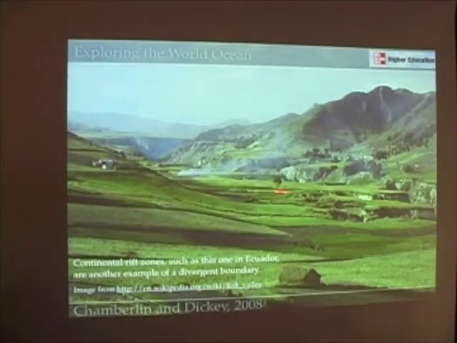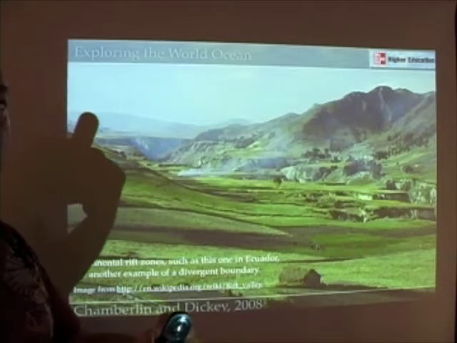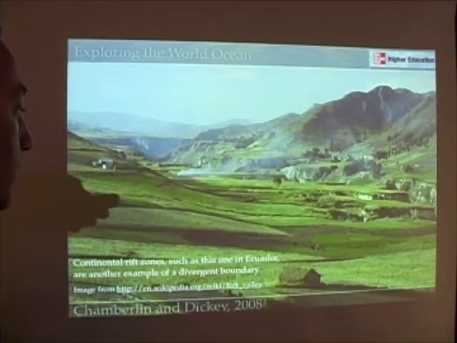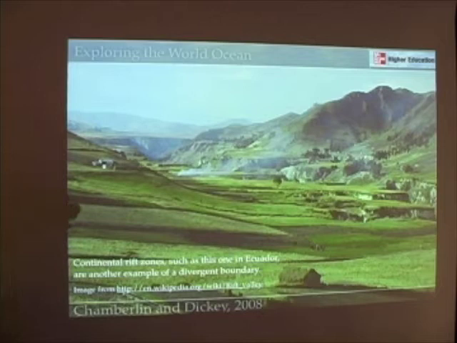We also find divergent boundaries on land. Here's one in Ecuador. It's where continents come apart in a sense. The Red Sea is another example of a divergent boundary, a continental rift zone, a continental divergent boundary. And here you can actually see the plates moving in two different directions, creating this kind of valley, what's called a rift valley, and it's happening slowly.